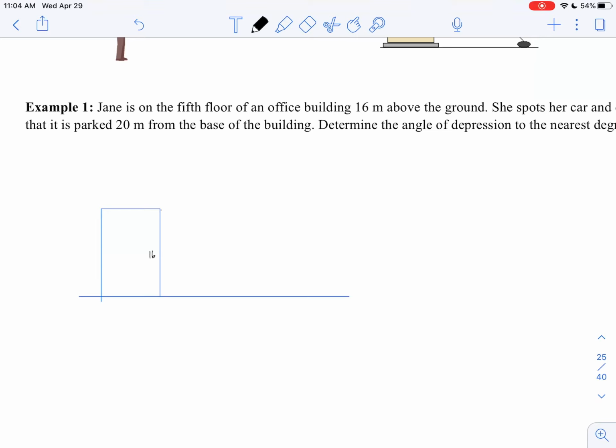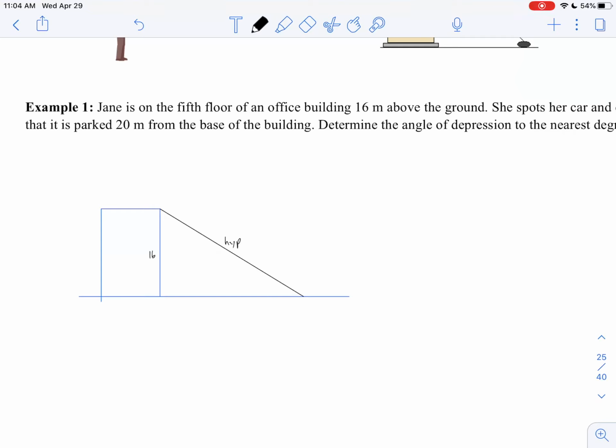So if this is Jane standing right here at the top of the office building, let's say she's looking down, and that's the line of sight, that black line there. And she spots her car and estimates it's parked 20 meters from the base of the building. So that diagonal, that hypotenuse I've just drawn right here, isn't 20 meters.